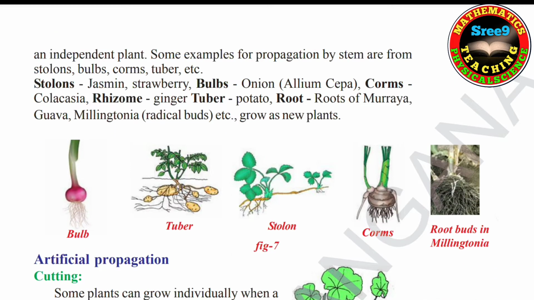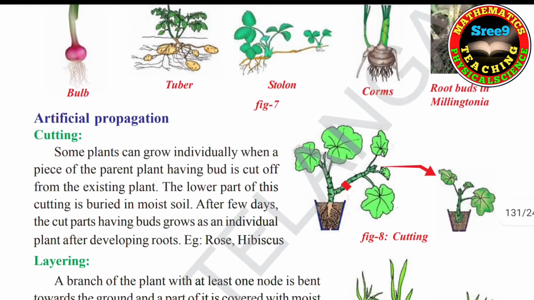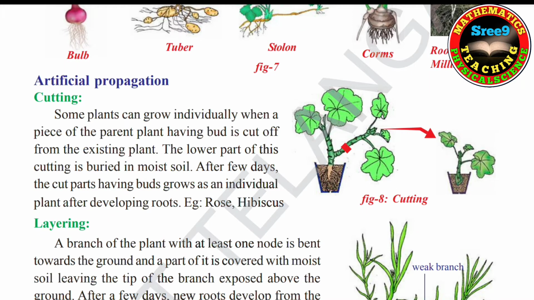Okay, so what are the stages in vegetative reproduction? On the screen you can see. Now coming to the types of propagation. Here this is artificial propagation. We can do artificial propagation by different kinds.